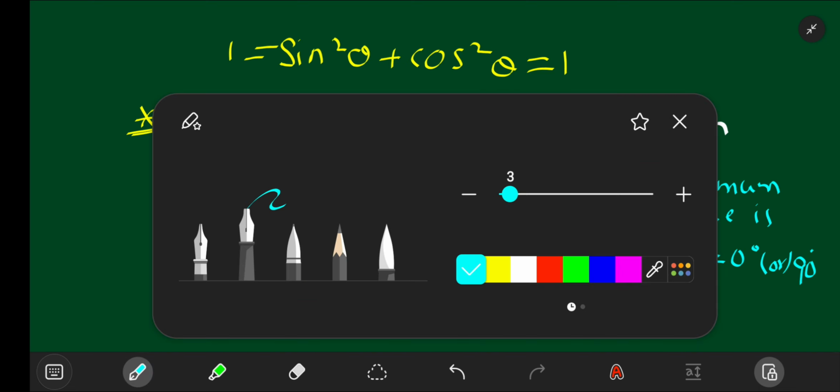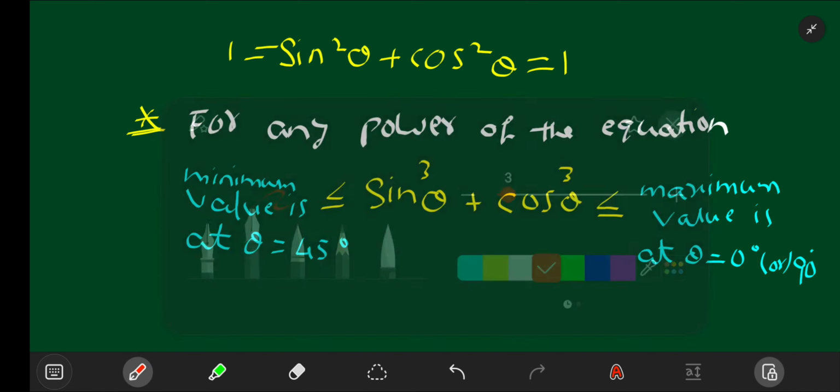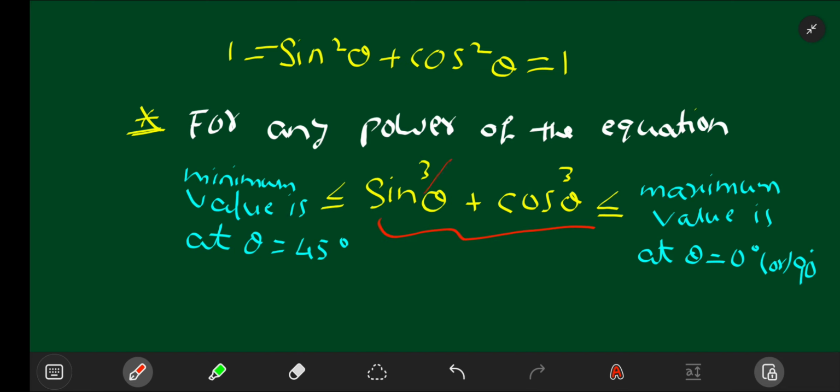You have to remember this one also. At any power of this equation, either it is cube, power 4, 5, 100, anything, the minimum value is at theta equal to 45. The maximum value is at theta equal to 0 degrees or 90 degrees. Okay, this is also an important one.